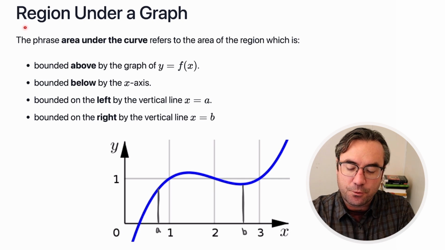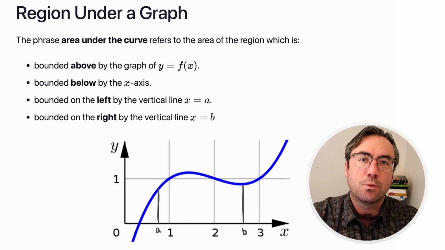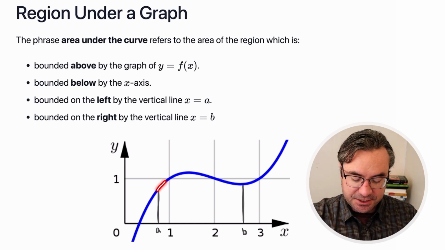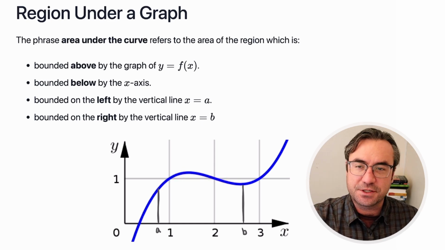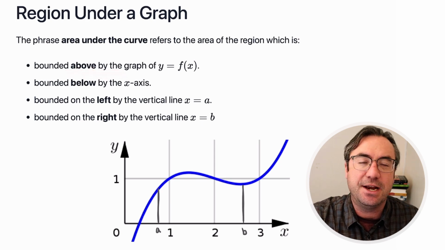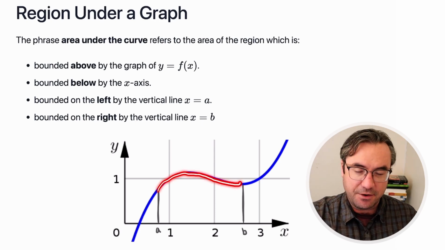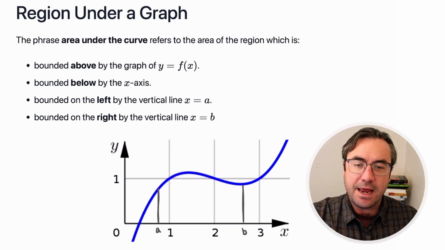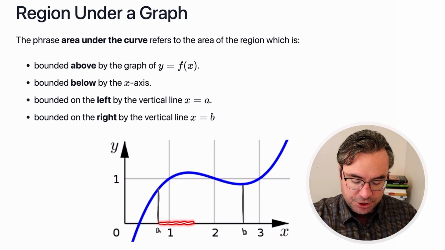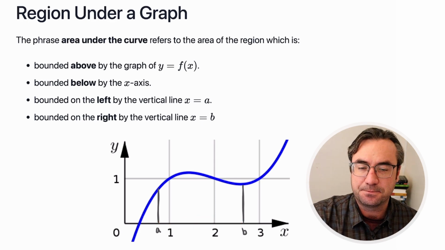And when we talk about the region under the graph, we're talking about the region that sits underneath the curve. So the curve is giving us the top edge of our region here. The region is bounded above by our curve. And the lower edge is the x-axis.